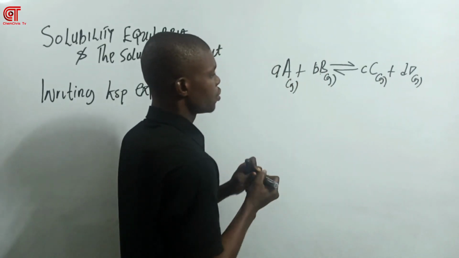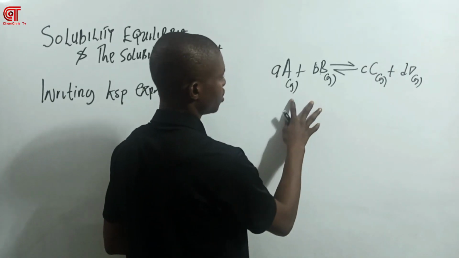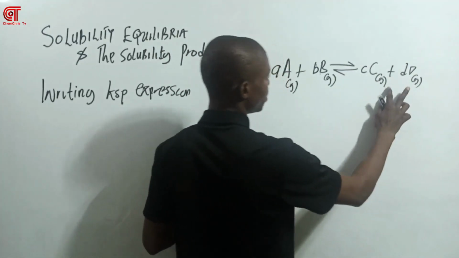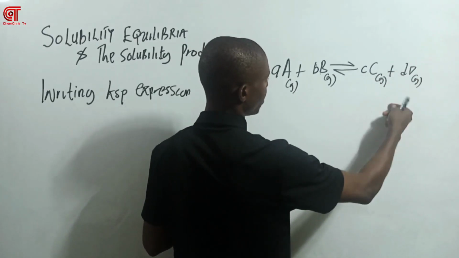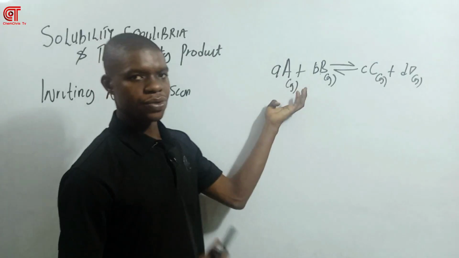This is called a reversible reaction. These two react together to produce these two, then these two also react back to produce these, the backward reaction.